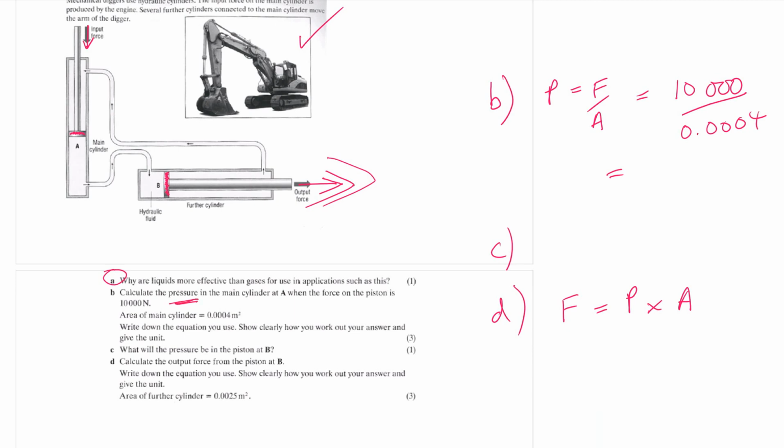So pressure is force divided by area, and that is 10,000 divided by 0.0004, and that gives us 25 million newtons per meter squared. Newtons per meter squared is the pressure. Now, what will the pressure be at piston B? It's going to be exactly the same.